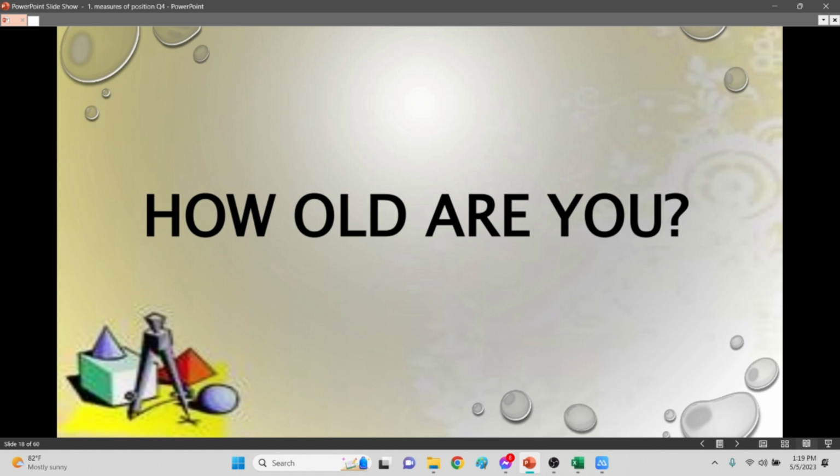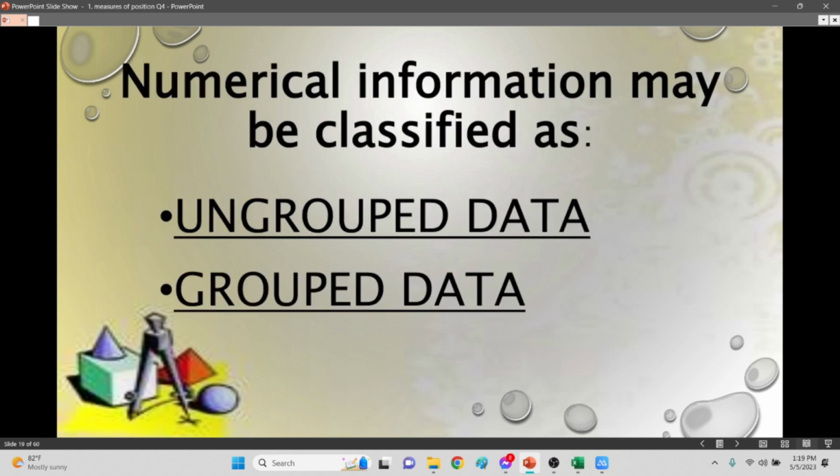So next, numerical information, maybe we can classify it as ungrouped or grouped data. Ginagamit natin yung ungrouped data kapag ang mga values ay limited and countable lamang, nabibilang. Or scattered values and limited numbers only.